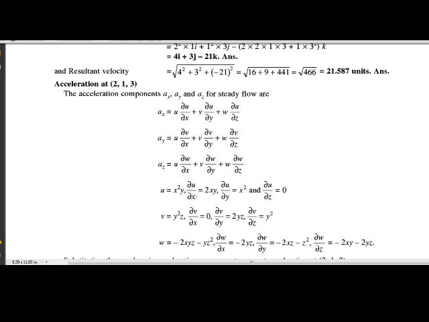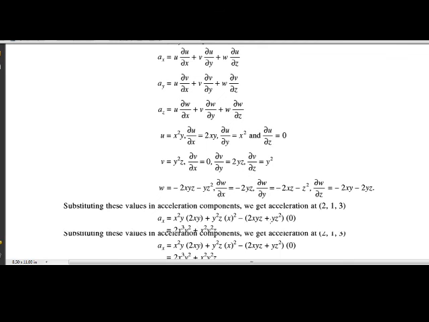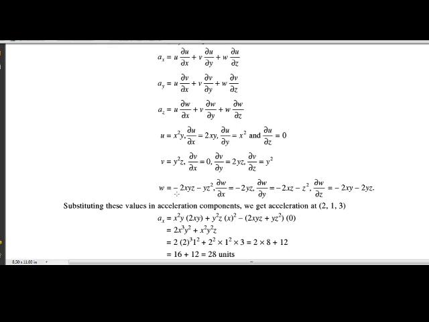So ∂u/∂x = 2xy, ∂u/∂y = x², and ∂u/∂z = 0. Then the value of v is y²z. Differentiating with respect to x, y and z: ∂v/∂x = 0, ∂v/∂y = 2yz, and ∂v/∂z = y², means y square. And similarly for w = −2xyz − yz².